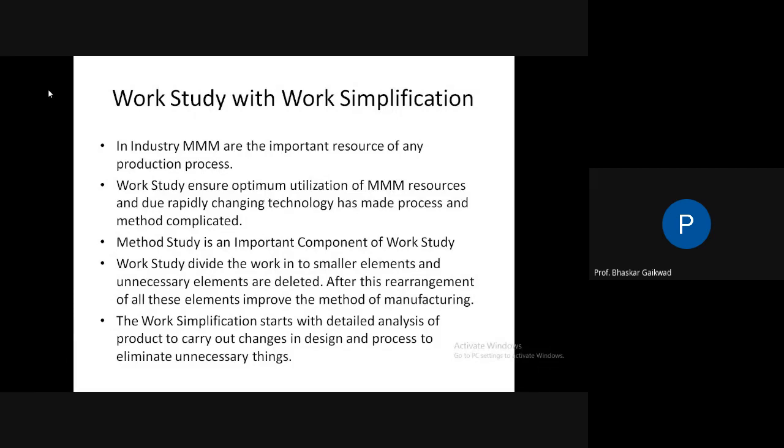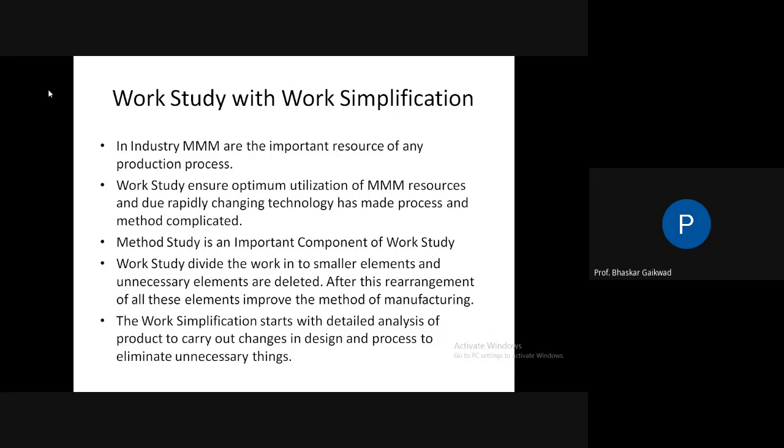Now, what does work simplification actually mean? We have to make it simple for manufacturing and for assembly, without critical wastage of time or fatigue to the workers, and easy to achieve the delivery date. This is the simplification. In this, the first point is in industry triple M. What is that triple M?